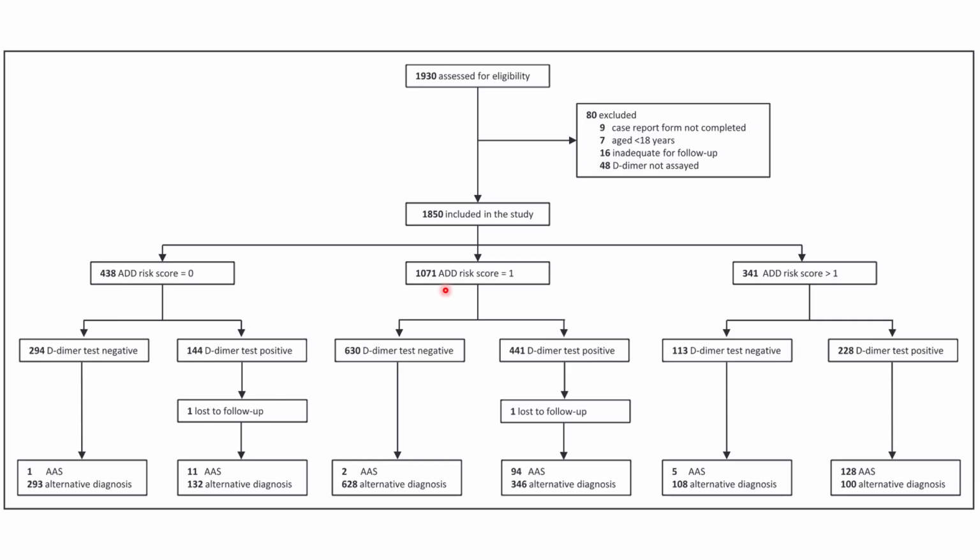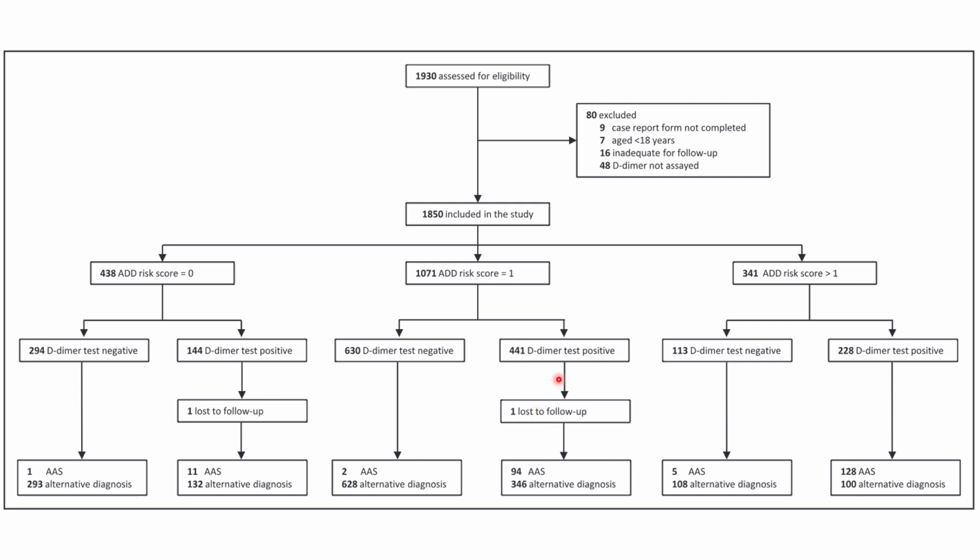All right. So if you have this middle group where they have a score of 1, which is, I guess, the most common one, then if the test was negative, it's only 2. So that's similar to if the ADRS score was 0, right? But if it was positive, then yes, there's a higher risk of this being a dissection, almost like 1 in 10.